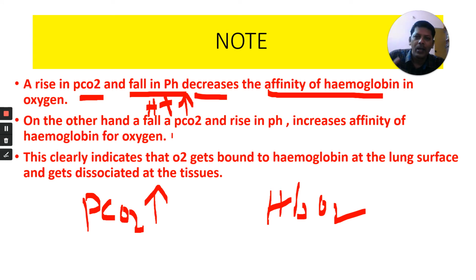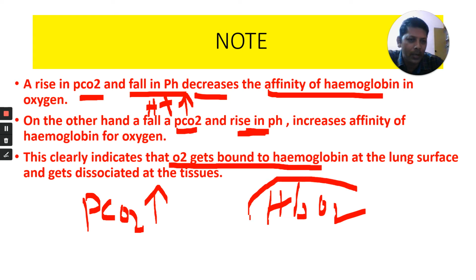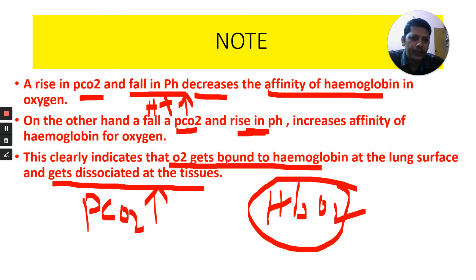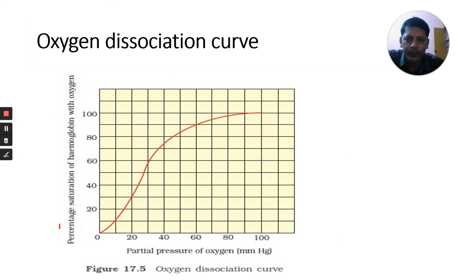On the other hand, a fall in PCO2 and a rise in pH increases the affinity of hemoglobin with oxygen. This is quite the opposite. This clearly indicates oxygen gets bound to hemoglobin at the lungs and gets dissociated at the tissues. In the lungs, these two bind together. At the tissues, they dissociate.